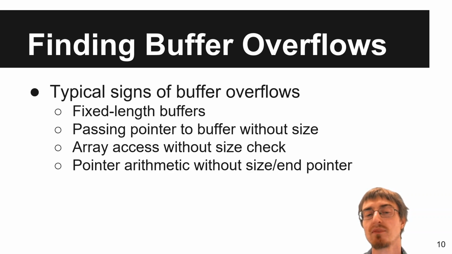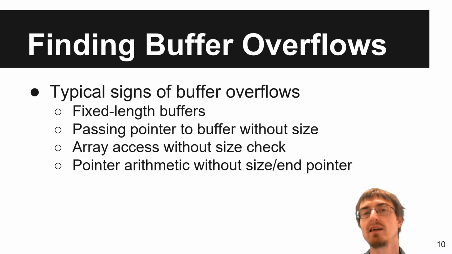And finally, if you use pointer arithmetic. Now pointer arithmetic is very nice in C and C++. It's super efficient and it allows you to write some code that can do really low-level manipulations without writing a lot of code for it. So pointer arithmetic is nice. But it's also one of those places where it's very easy to make mistakes.